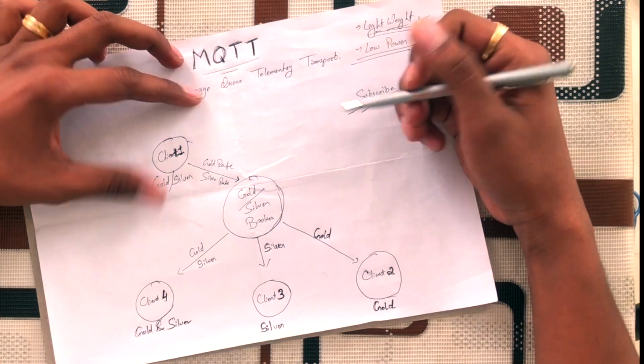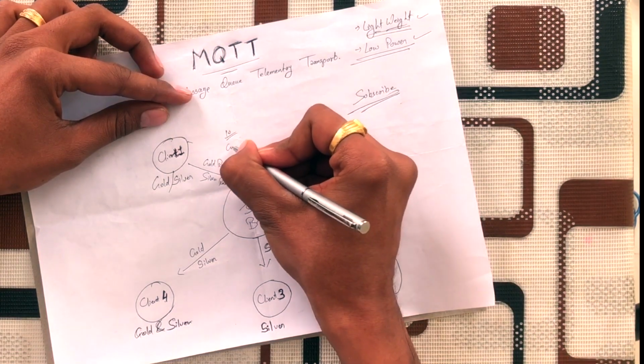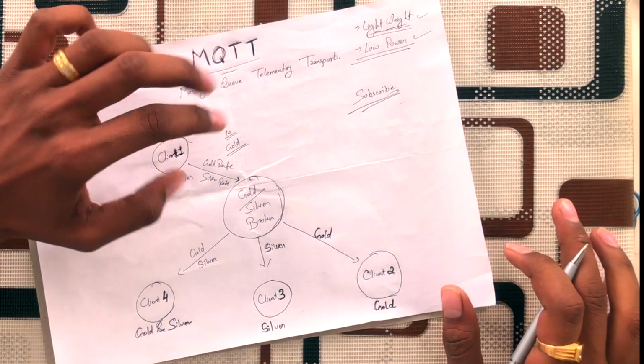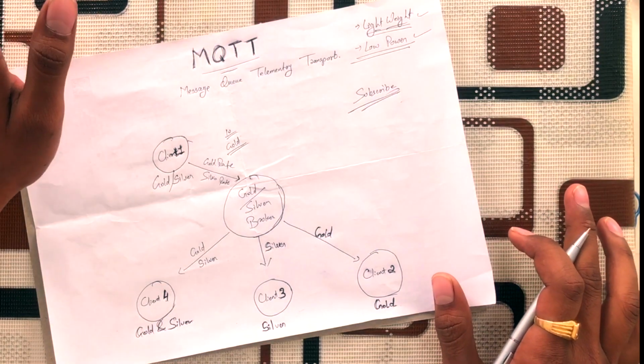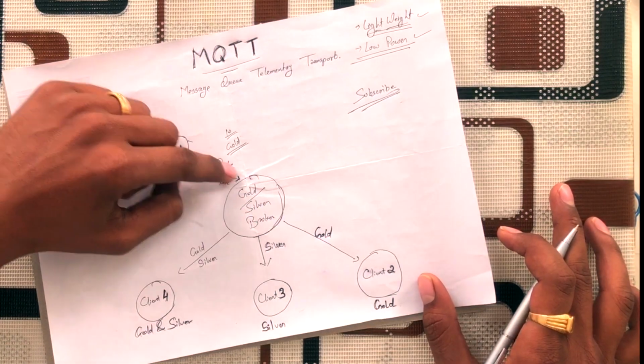Now let's see this in action. Client 1 has, let's suppose at 10 a.m., sent me the rate of gold. This 10 a.m. is just an example; at a particular time interval t, he sent me the rates of gold. So I received the gold rate right now. Now my duty is to send that gold rate to those who are interested, those who are subscribed to the gold channel.